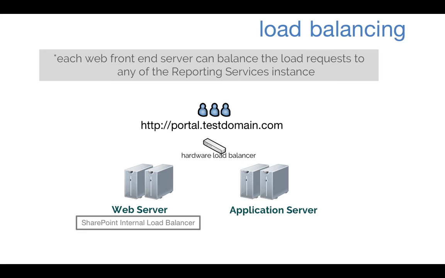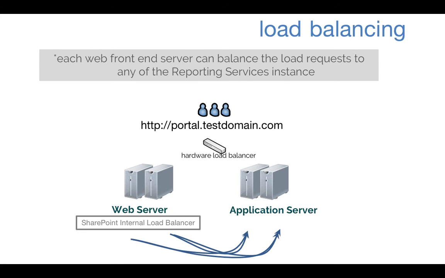Which means as more users come in, if one or more users come in from the left web server, the left web server can redirect the traffic to any of the application servers running the reporting services service application. And same thing if more users are coming in through the right server in the SharePoint web server farm. Now that's just the load balancing part.